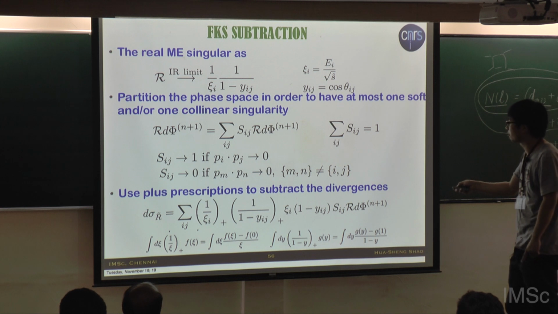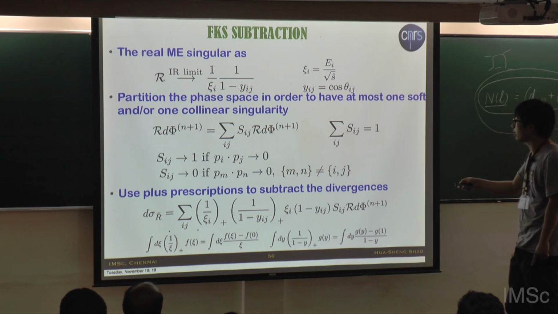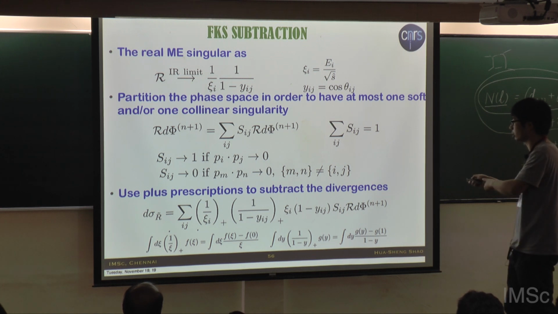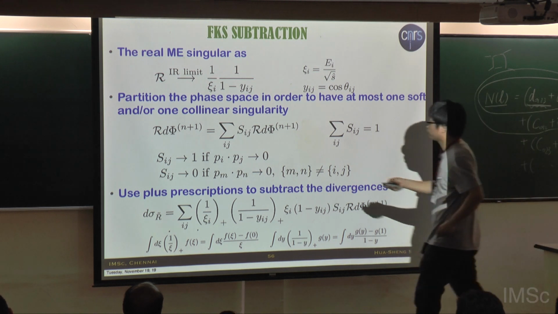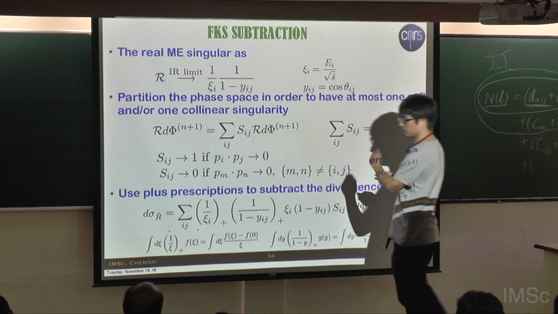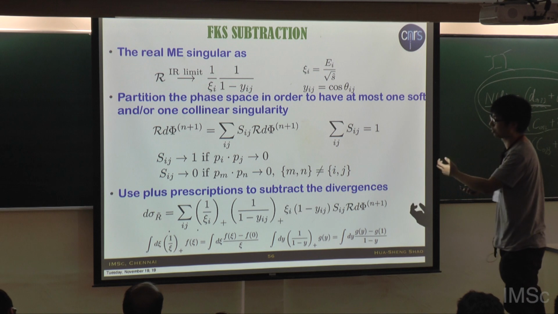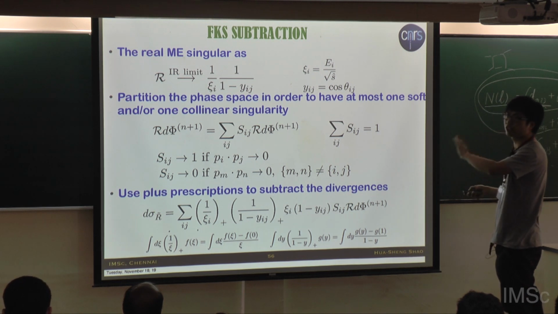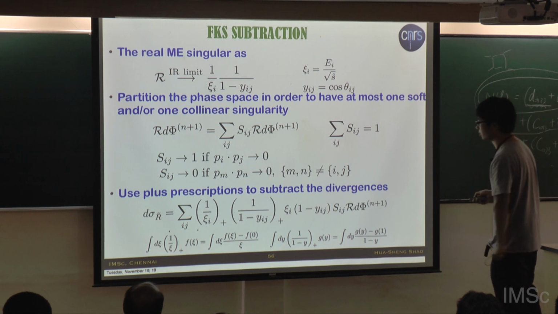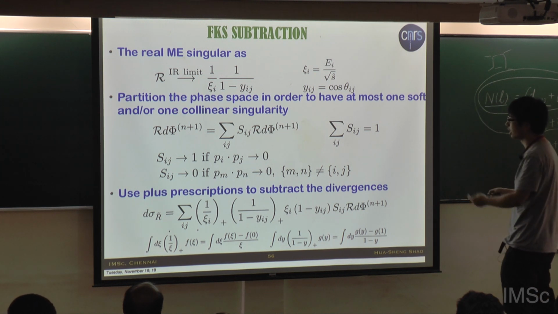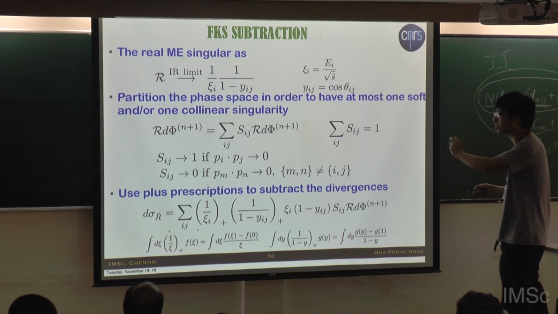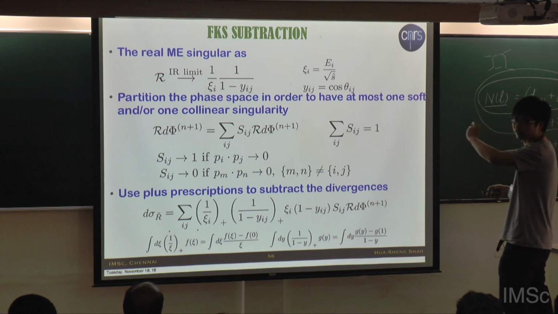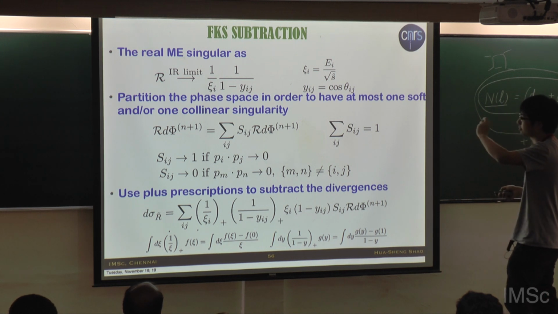If p_i and p_j, or p_m and p_n, in other words if the singular region is either collinear or soft, S_ij must go to 1, and the other S's go to 0. So if you go to a singular region, I only keep that phase space part, okay?